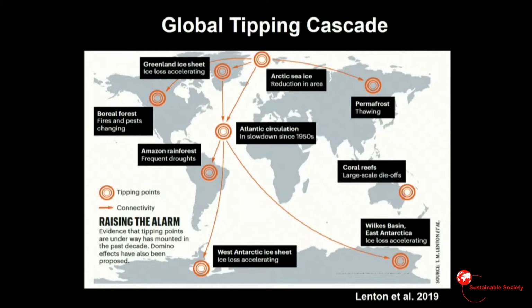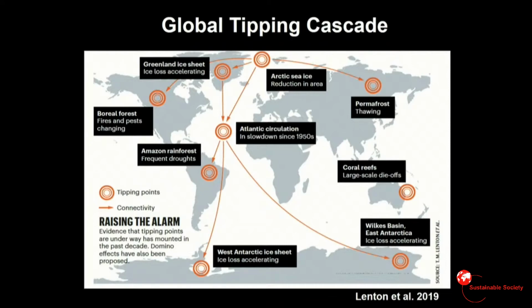But let me tell you why it's even more dangerous than that. These tipping points are actually linked. I'll give you an example. As the Arctic sea ice melts during the Northern Hemisphere summertime, it shrinks. And so what that does is it uncovers more dark ocean water. That absorbs more sunlight, and that accelerates the warming in the northern high latitudes. Well, that's where the Greenland ice sheet is.